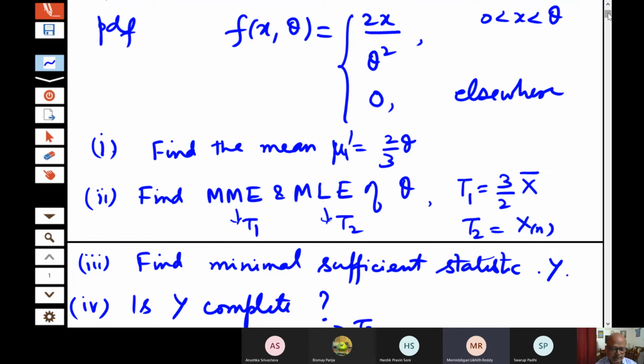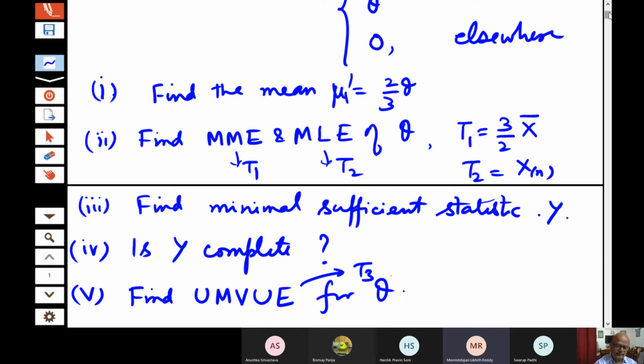Then you have to find the minimal sufficient statistic. That is also Xn. Now the next question is, is it complete?